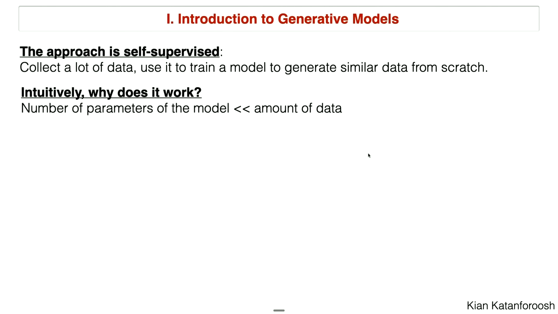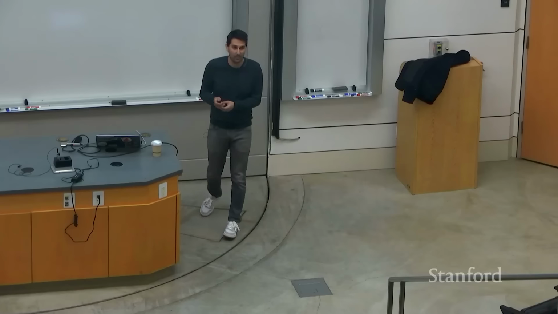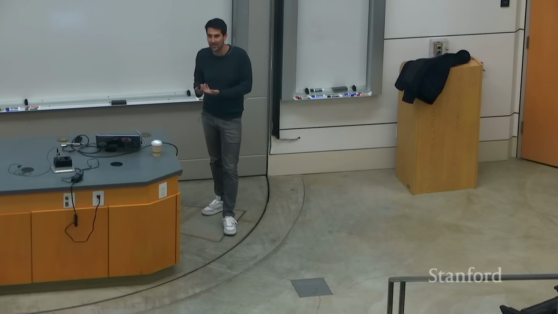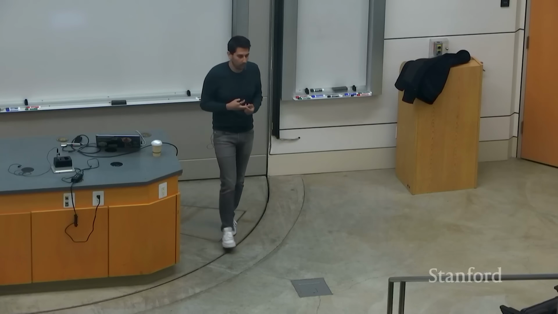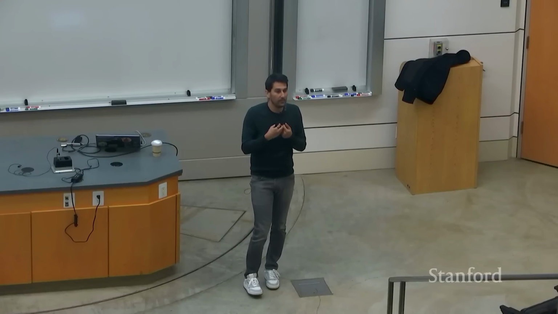It is forced to learn the salient features of the data. Try to fit a small model on a large data set. It's not going to overfit. And that's why these models are going to work. We give it so much data that it will learn the salient features. So remember I said with generative modeling, we're trying to match probability distributions.